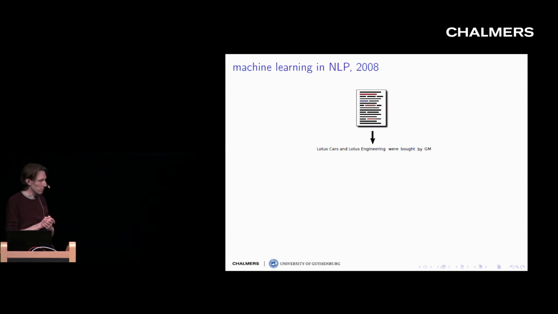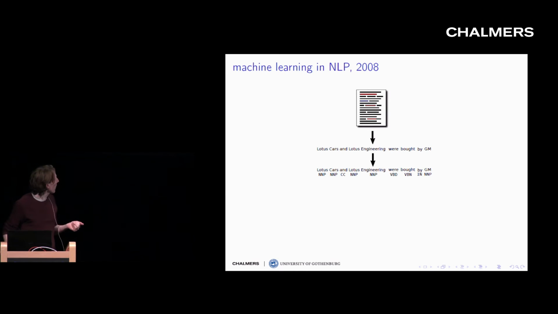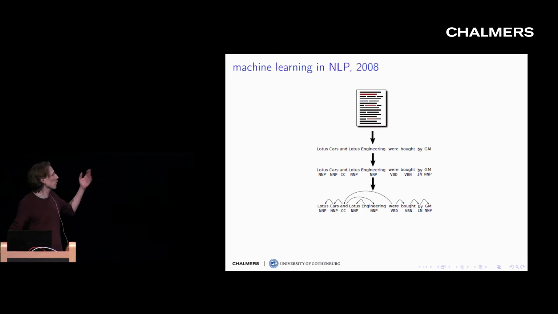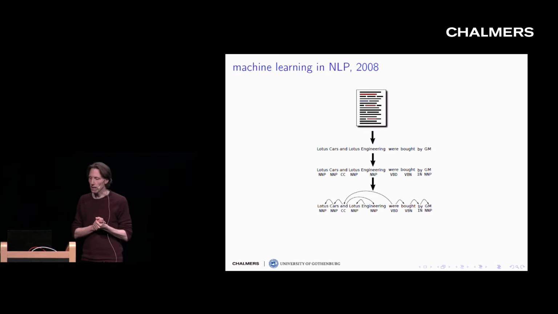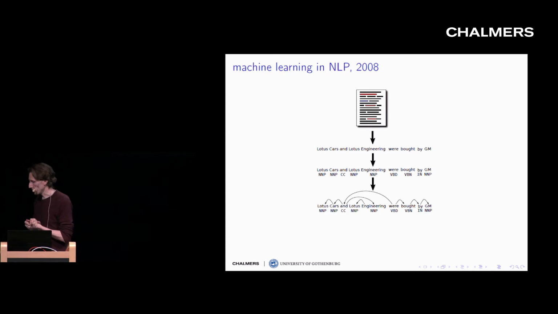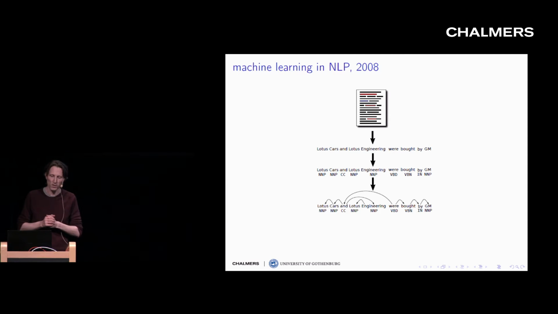So if we have some sort of document processing, we would start by extracting the words, for instance. Then we would gradually refine this analysis. We would add more and more information, so there would be subsystems that would carry out various types of linguistic analysis. The change compared to before that was that all of these systems were based on machine learning, but there was still a lot of linguistics inside of the system.